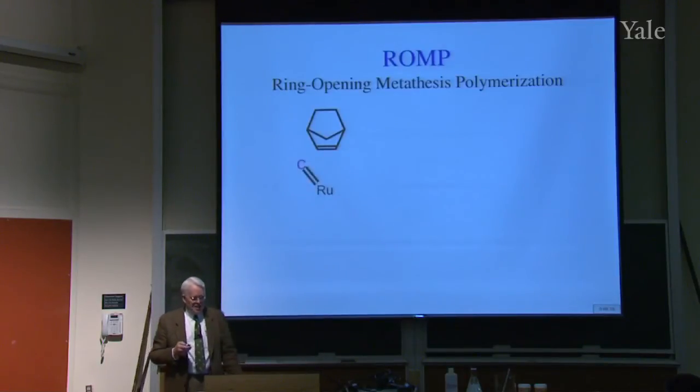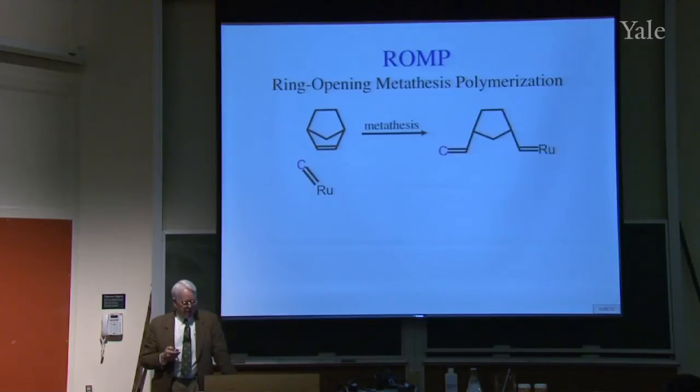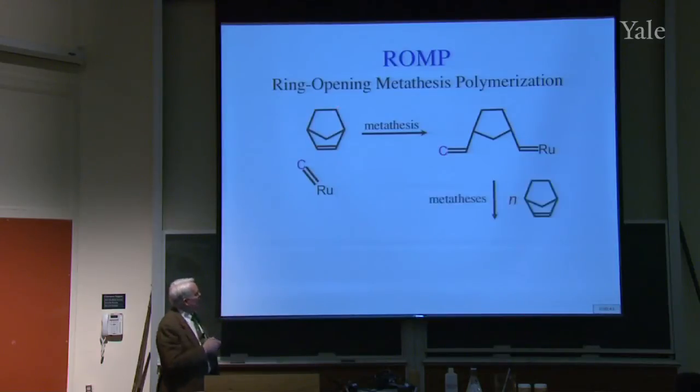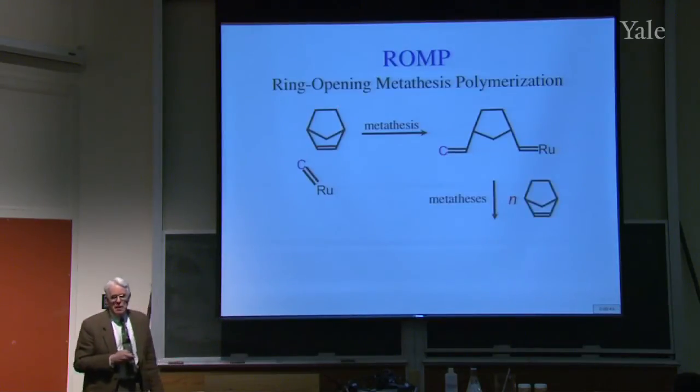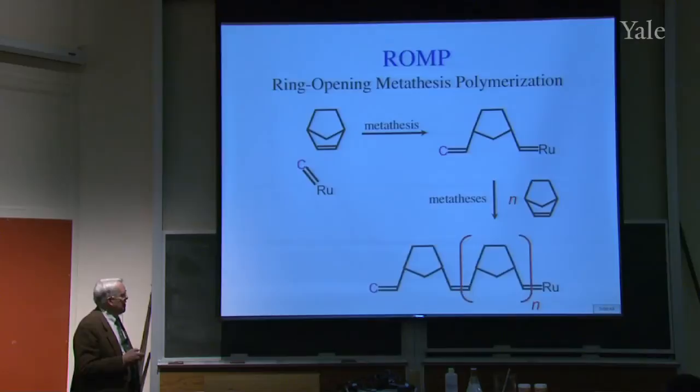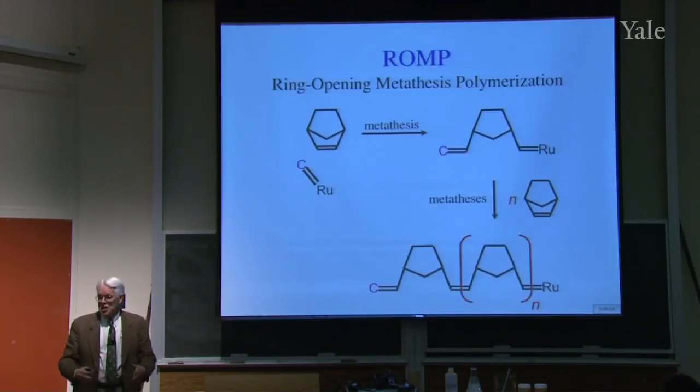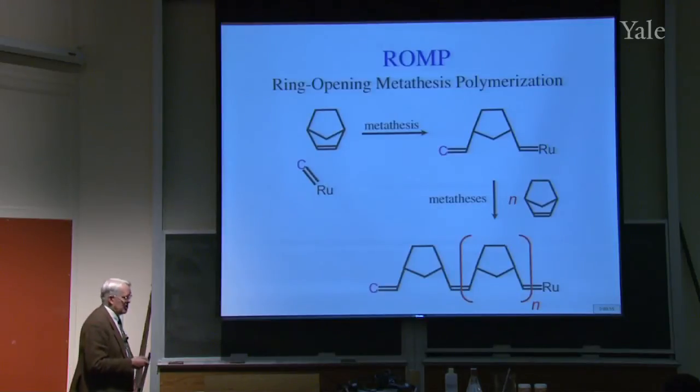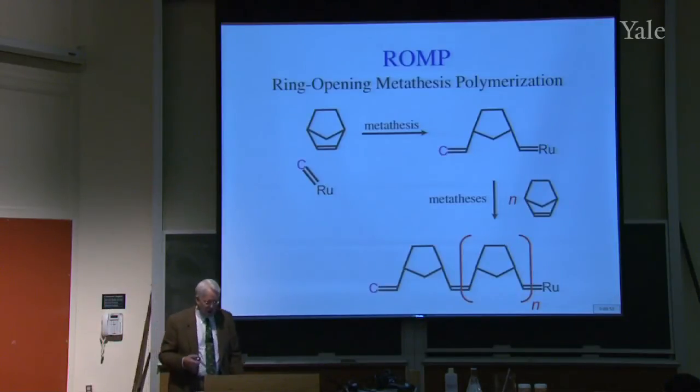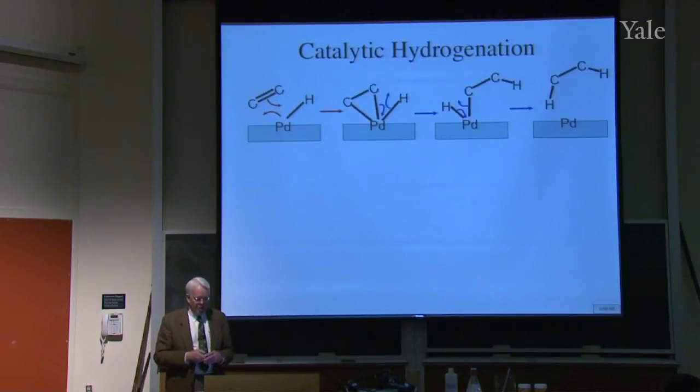So if you bring in this alkylidene compound and do the trick of metathesis, you get that. And now the product is still an alkylidene ruthenium here. So you can do that with another one of these molecules. In fact, you can do it with n of the molecules, and they'll all link together in a chain like this to give a polymer, right? So this ring opening metathesis was a very important part of this Nobel Prize work to generate a polymer.